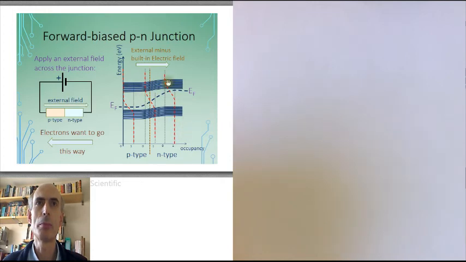With a forward biased p-n junction, the external field that you put on acts in the opposite direction from that internal field generated by the junction itself, and can overwhelm it so that the net electric field is actually in the other direction.